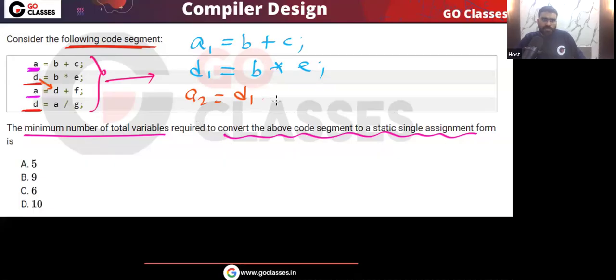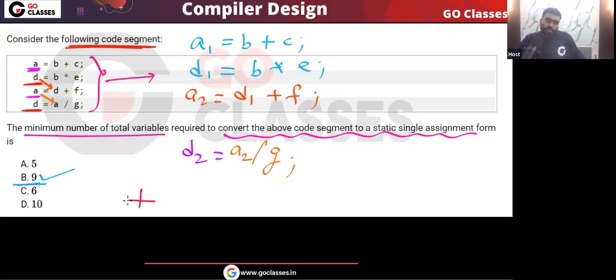And finally D2 equal to A2 divided by G, since this A you are going to use. So total, how many variables are there? A1, A2, D1, D2, then B, C, E, F, G. So total 9 variables are there. Yes or no?